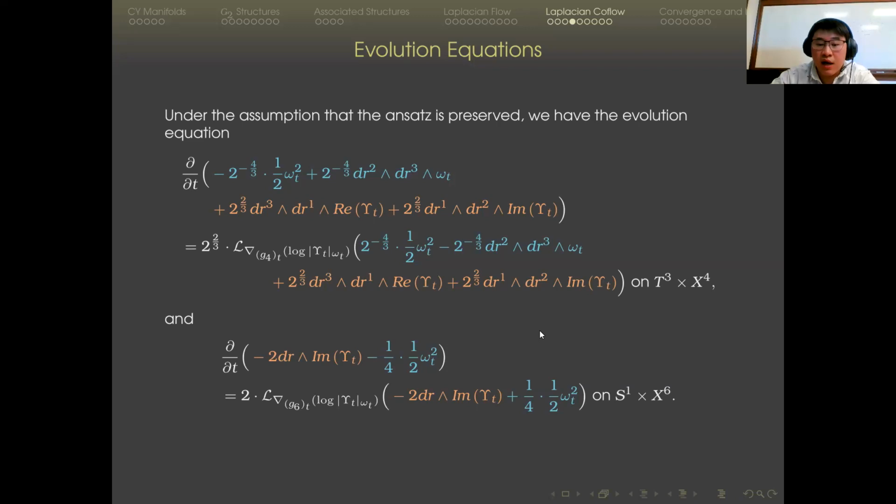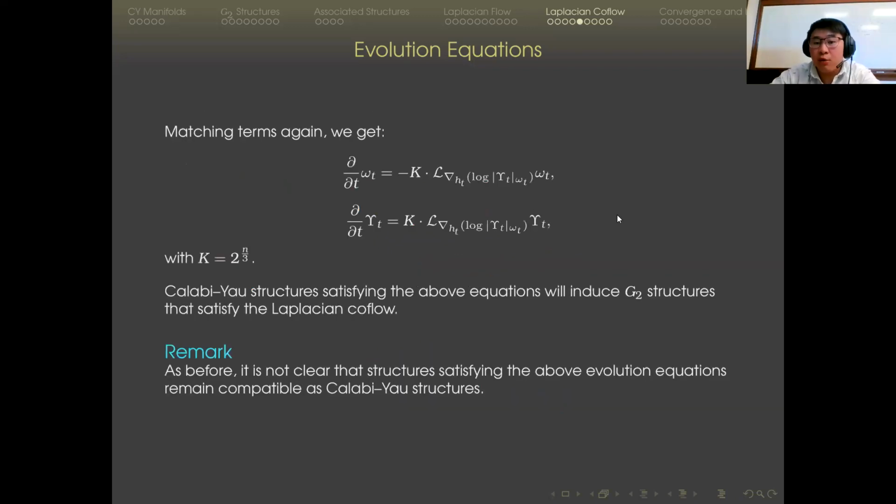There's no added coefficient going on. But either way, by picking out the terms, we get these coupled differential equations the same way. They look very similar. In fact, they're basically the same, except that this vector field is different and this coefficient is different, but morally basically the same. And we can run the same thing. We still have the same compatibility issues, but as long as we work around those, we're good.